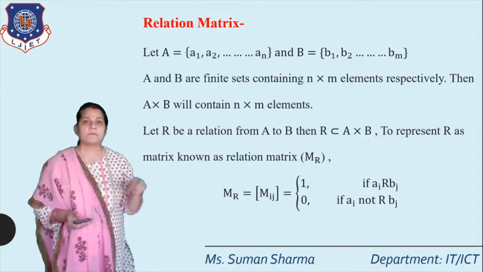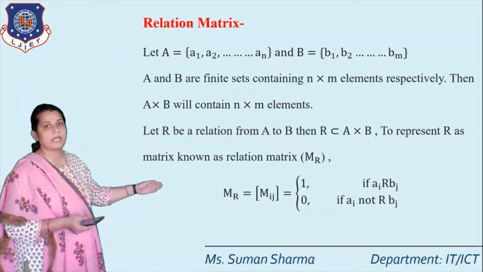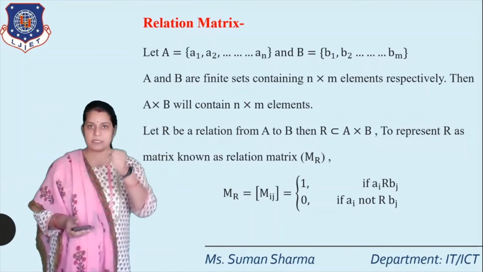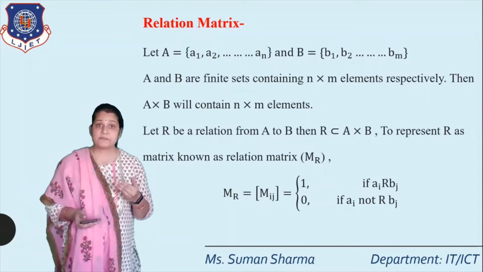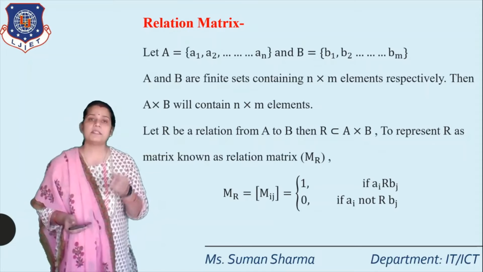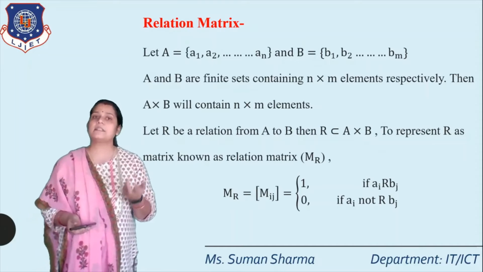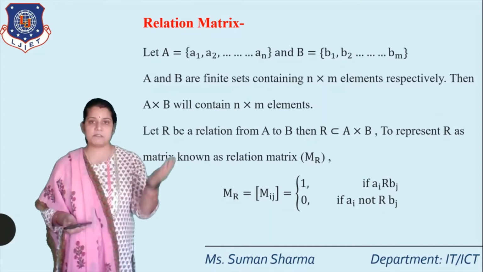Okay, so here M_R is equal to what? M_R is equal to the entry in the ith row and jth column. So we write 1 if Ai is related to Bj. That means if we are given any set and according to the set we are given any relation. Okay, we saw the 2 examples in the previous slide.